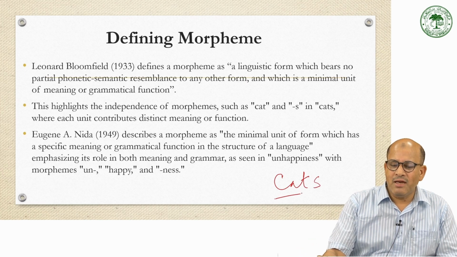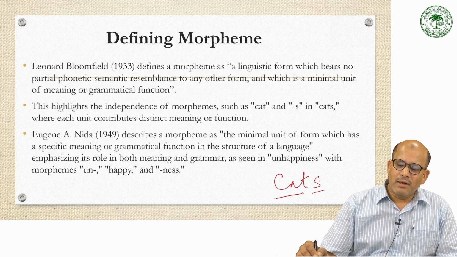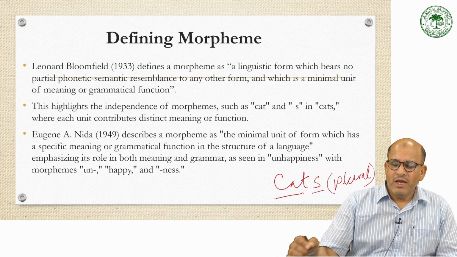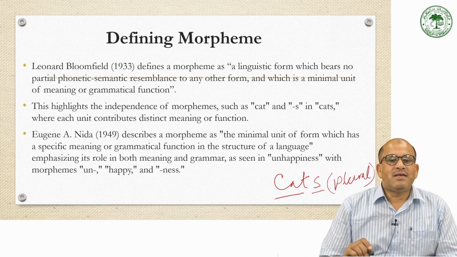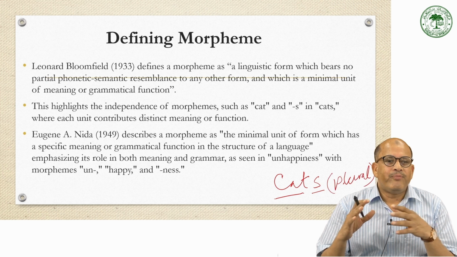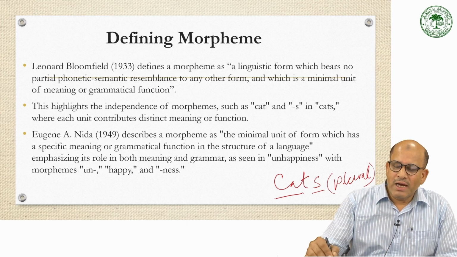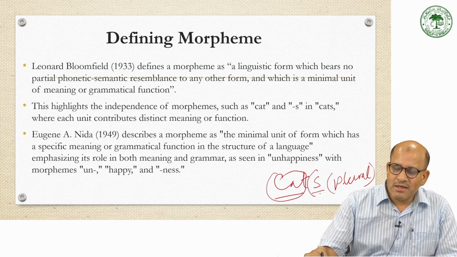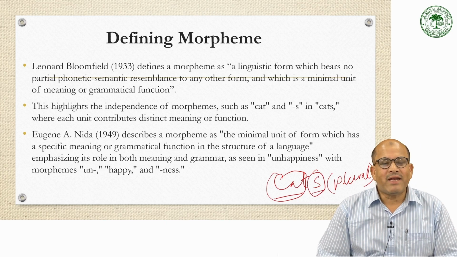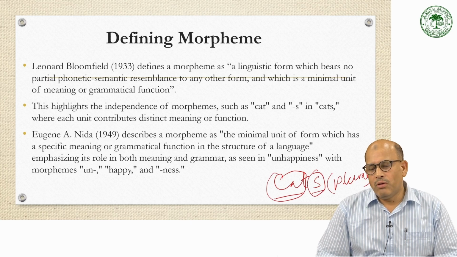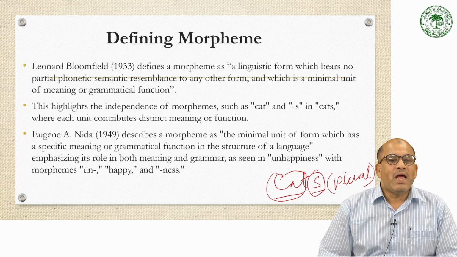One is cat as an independent unit, and then we have s, and s is a plural mark. Here the meaning is plural. So cats has 2 morphemes, cat and s, where each unit contributes distinct meaning or function. Cat has its own meaning, and s indicates plurality, going from singular to plural.